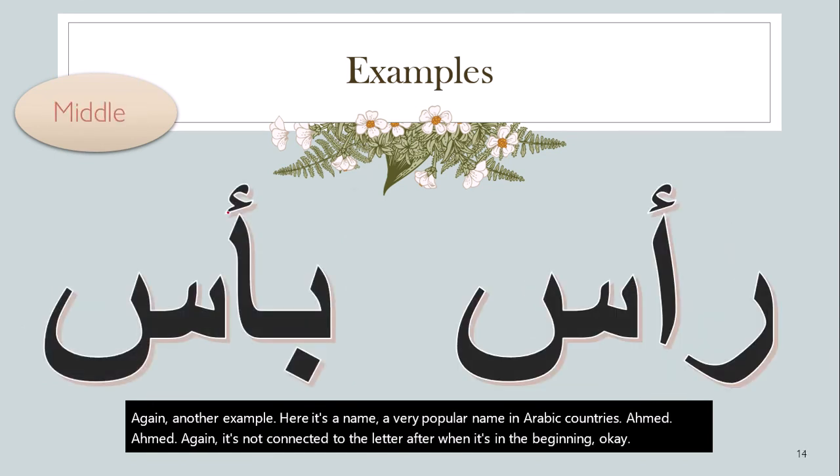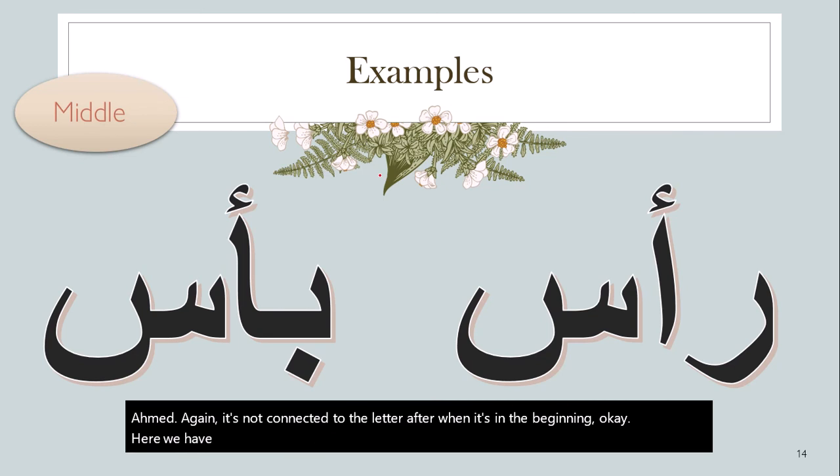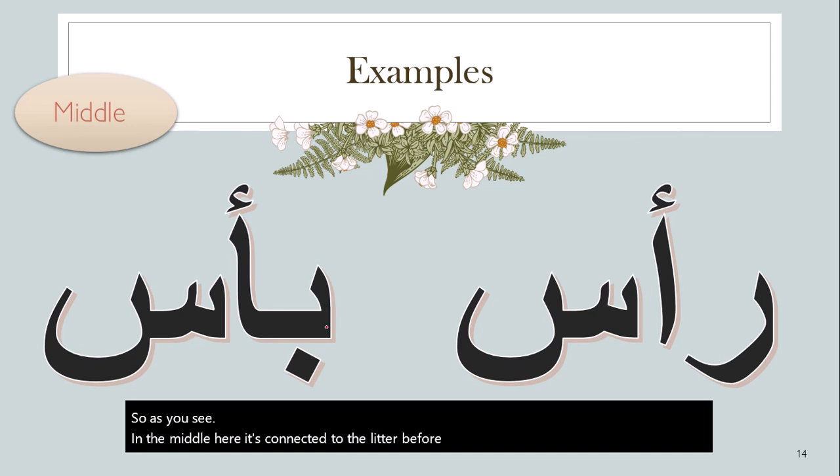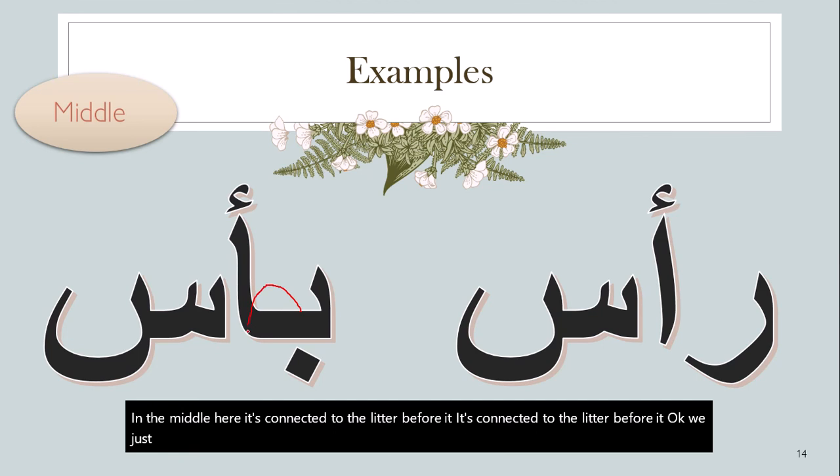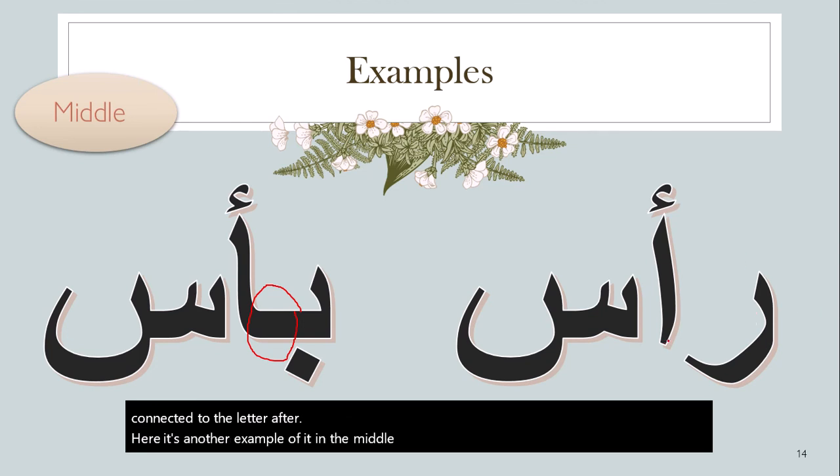Here we have it in the middle. As you see, in the middle here, it's connected to the letter before it. We just draw a short line, extended from the Alif to the letter before it, but it's not connected to the letter after. Here is another example of it in the middle, but it's not connected to the letter before.